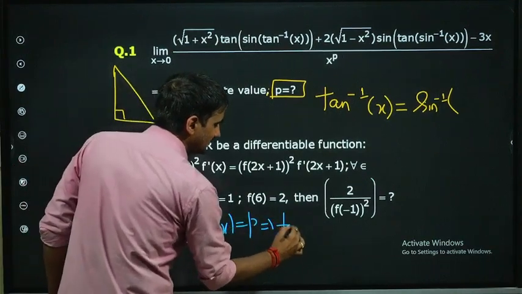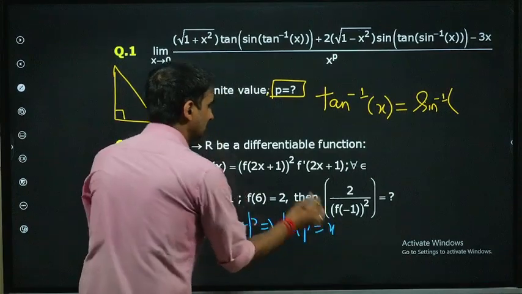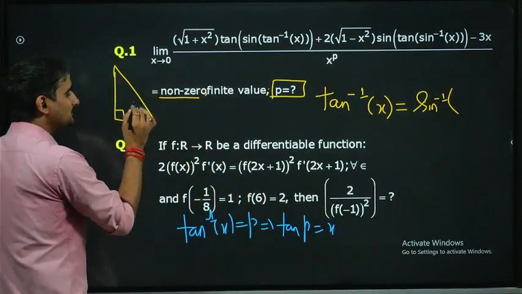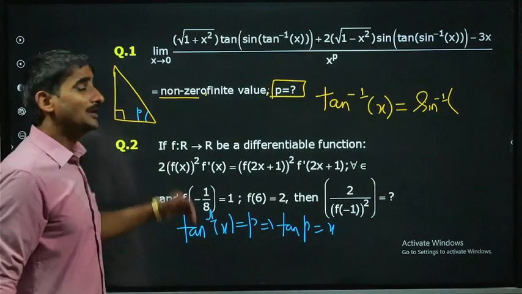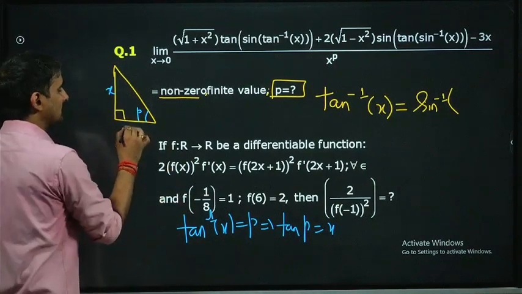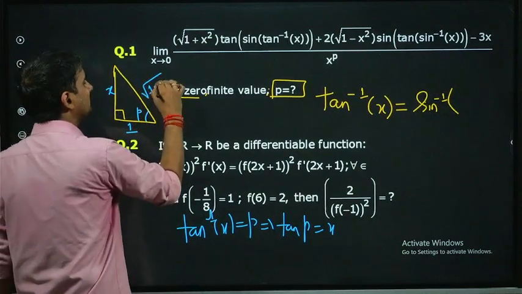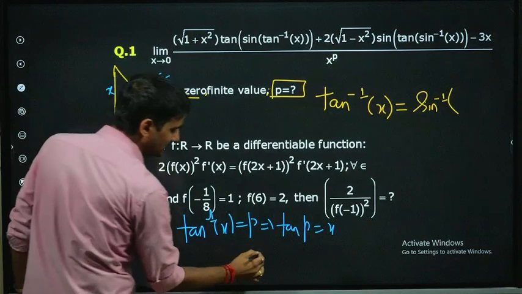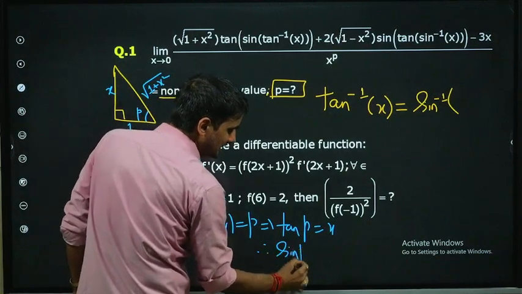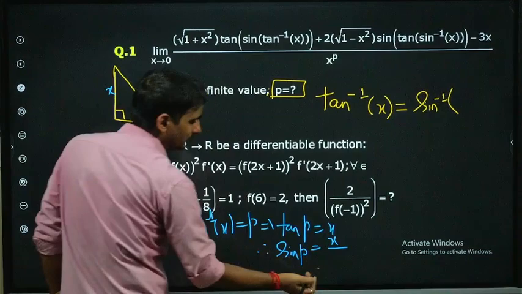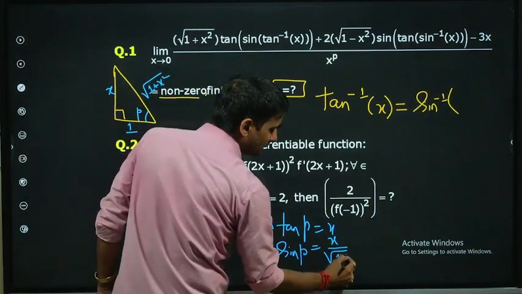That means tan p is x. I call this angle p, and tan p is opposite side upon base, so I am considering it to be x and 1. Hence the hypotenuse is square root of 1 plus x square. So what will be sine p? Sine p will be opposite side upon hypotenuse.